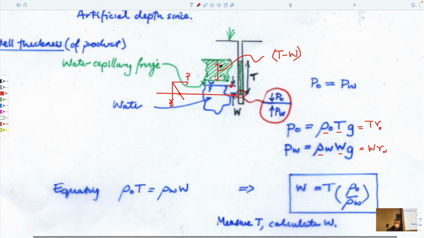So T minus W gives us this green zone here. So if we equate these, they have to be the same, by definition, pressure acting upwards, because it's at equilibrium. That gives us this expression here. If we arrange that in terms of W, we get W as a function of T.